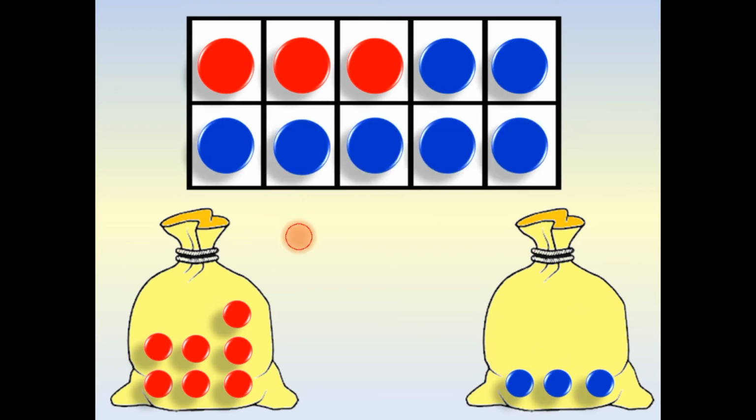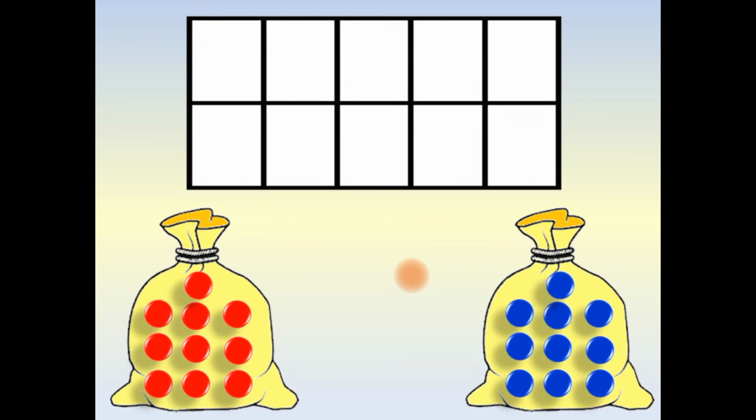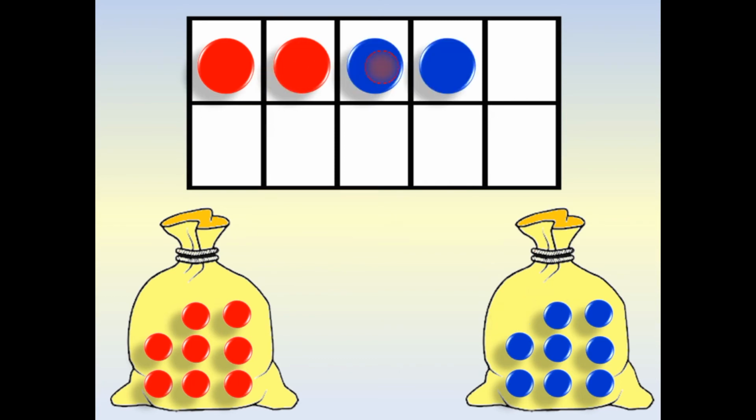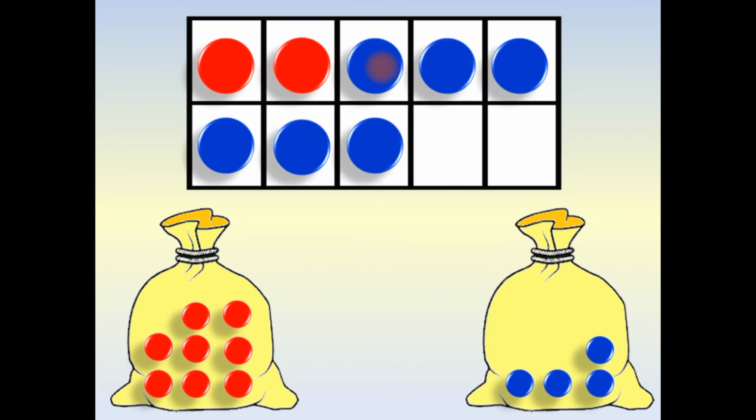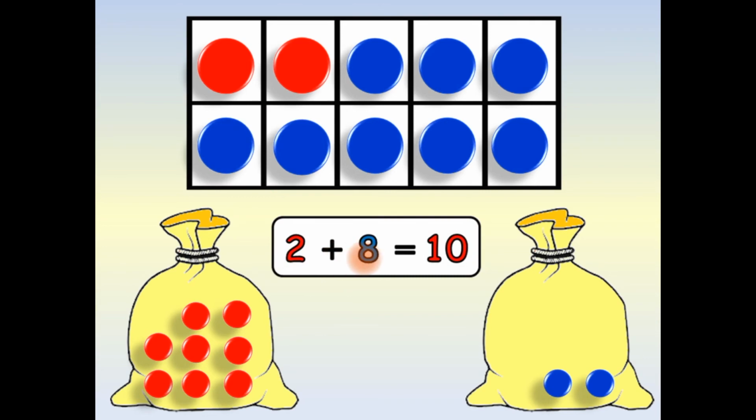So the equation is 3 plus 7 equals 10. 3 red pawns plus 7 blue pawns gives us 10. 2 red pawns with 8 blue pawns. Of course, the sum is 10. So 2 plus 8 equals 10. 2 red pawns plus 8 blue pawns gives us 10.